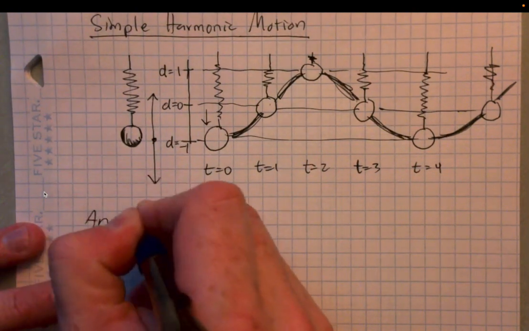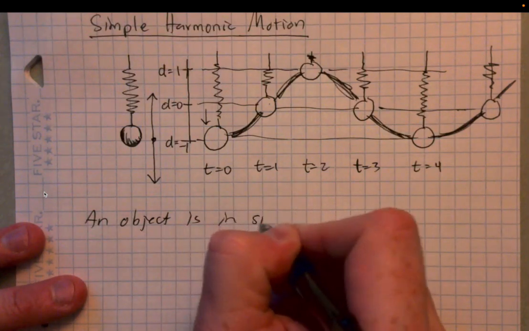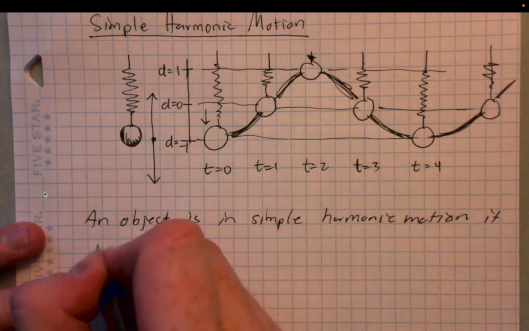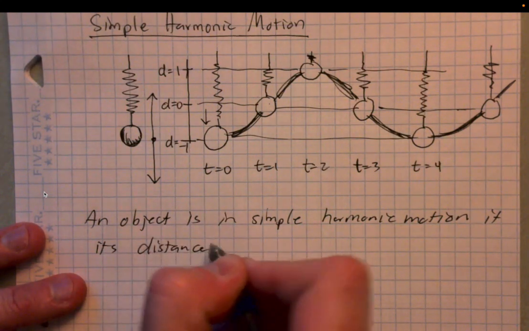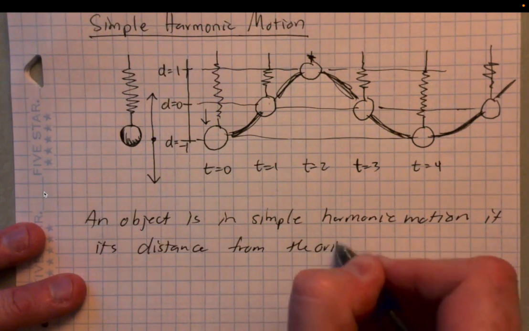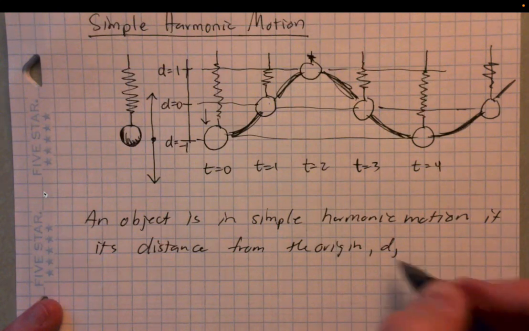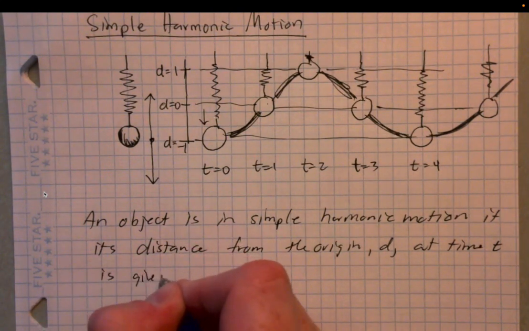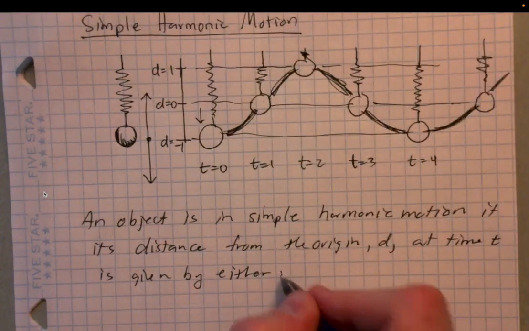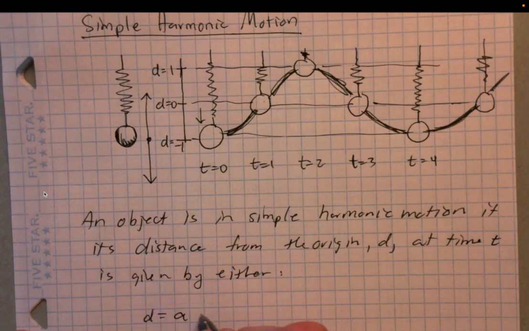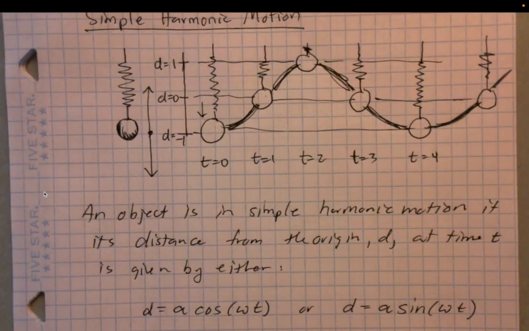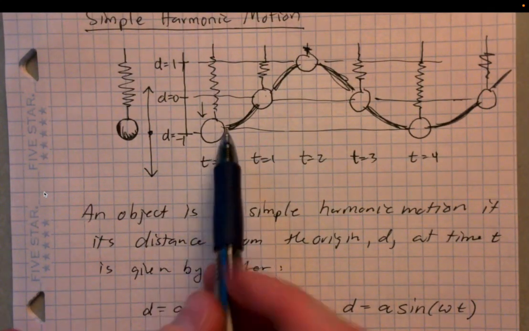So maybe we say that an object is in simple harmonic motion if its distance from the origin, in this case we'll call that distance d, at time t is given by either d equals a times cosine of omega t, or d equals a times the sine of omega t. Okay.